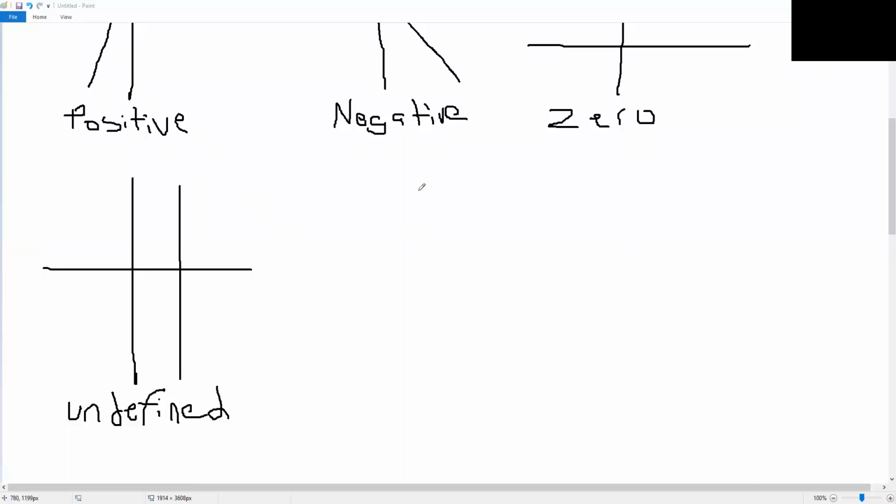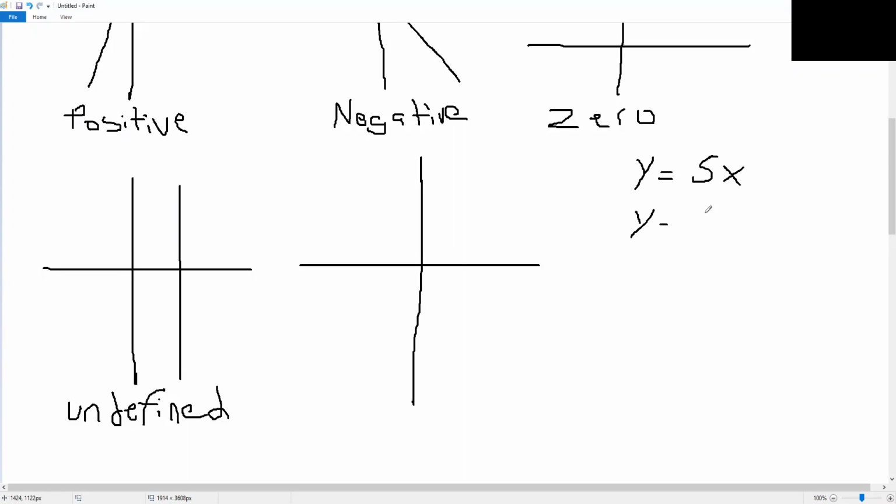So let's do a little graphing, just a little refresher graphing. Let's say we want to graph something like y equals 5x. What you would do is substitute x for 0 to start off with.